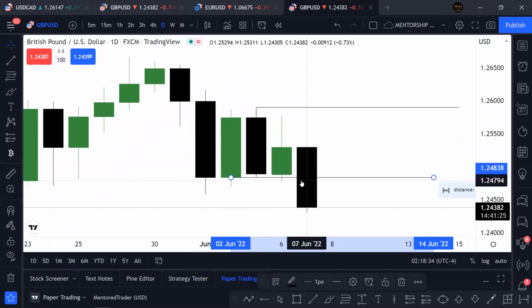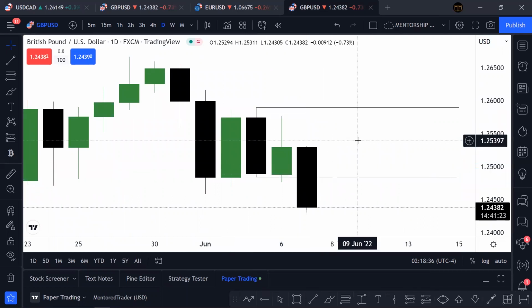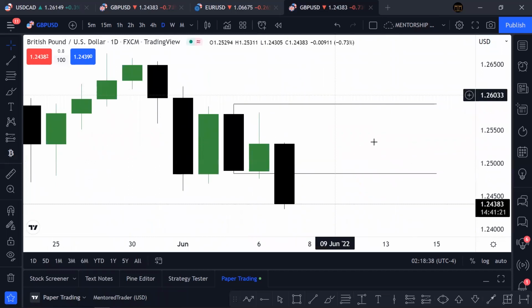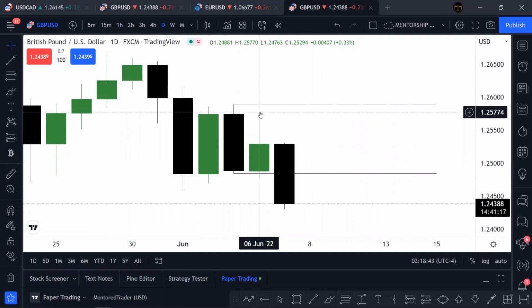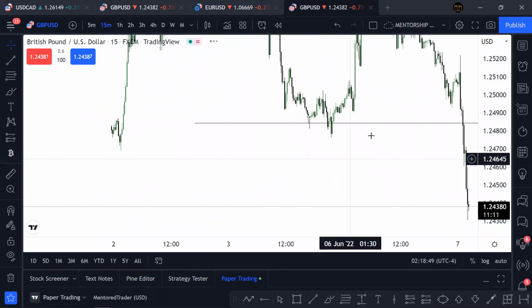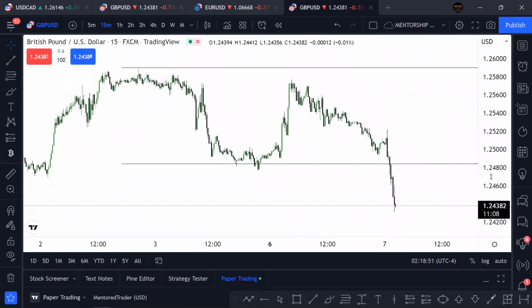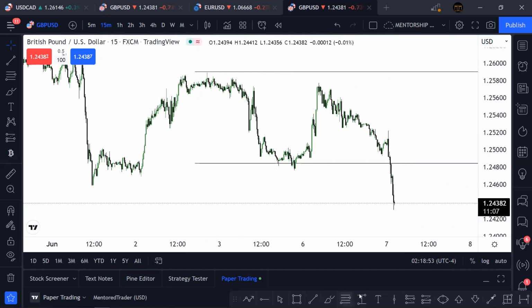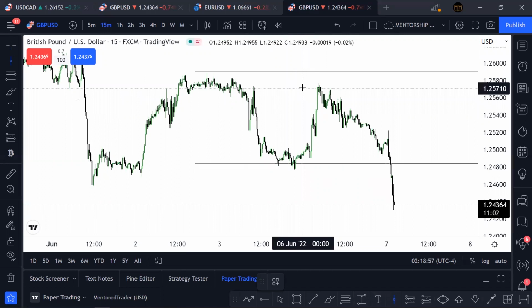Low right there. You already see what happened to this candle. So let's go to 15 minutes. We're also looking for midnight, okay? Midnight right there.